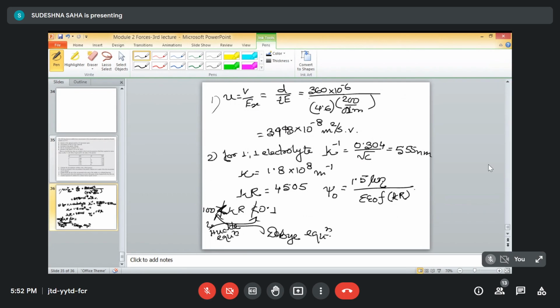Okay, so from this we know all these values, so we can find out the value of psi naught. And that is basically the zeta potential, because we cannot directly use the Debye equation or the Huckel equation.